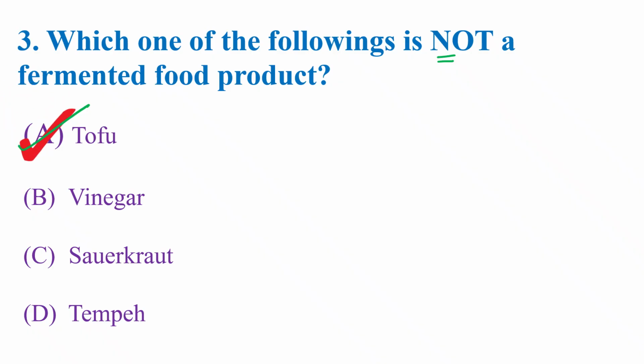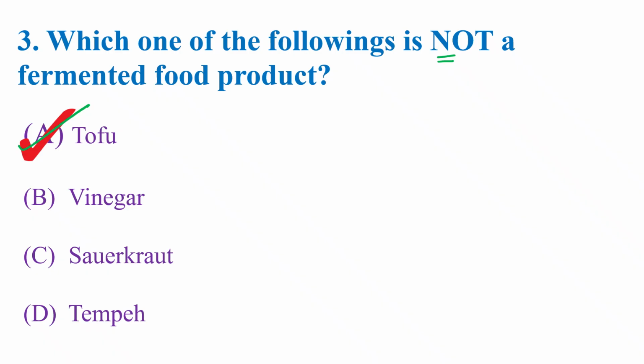So it is not a fermented product, whereas it is made by the coagulation of soy milk, like cheese, without microbial action. Whereas the other options, vinegar, is produced by fermenting ethanol, for example cider or wine, with acetic acid bacteria.